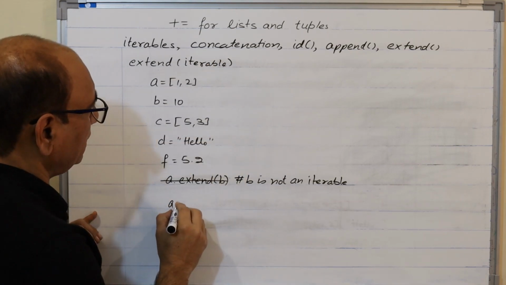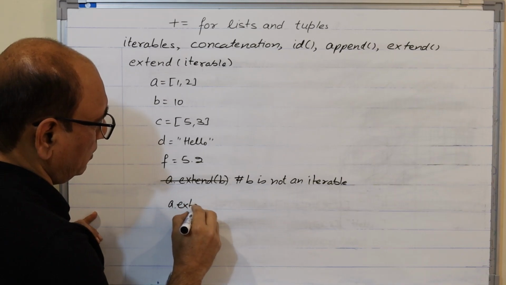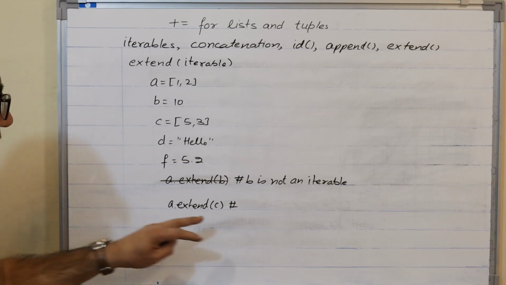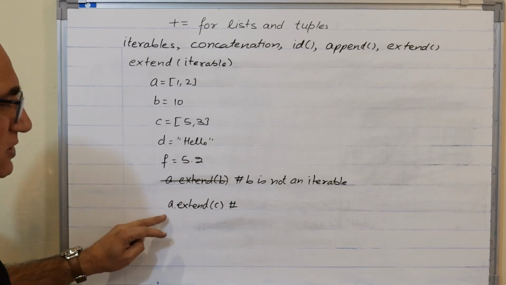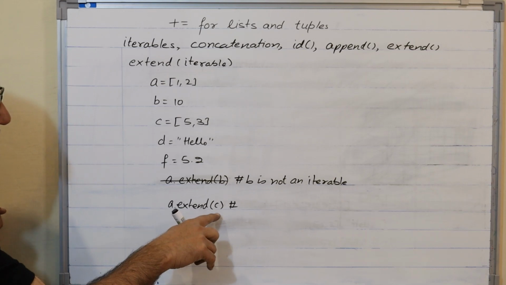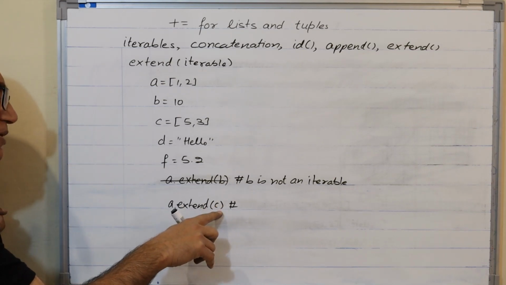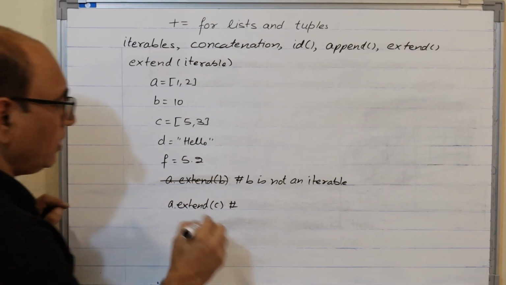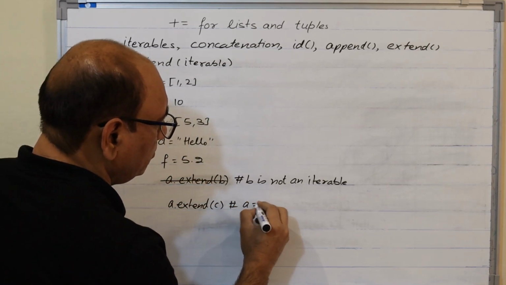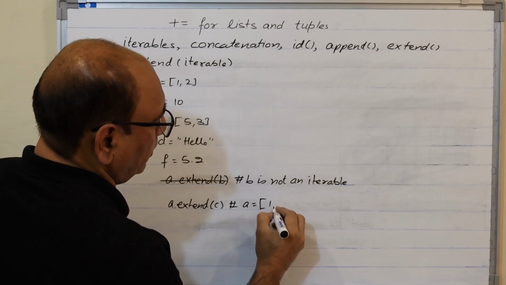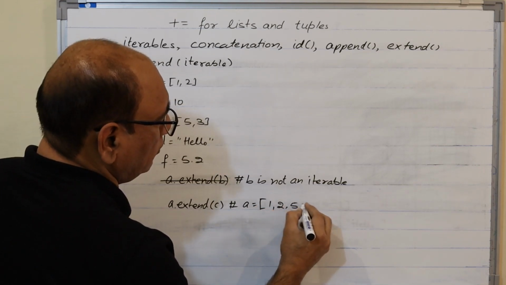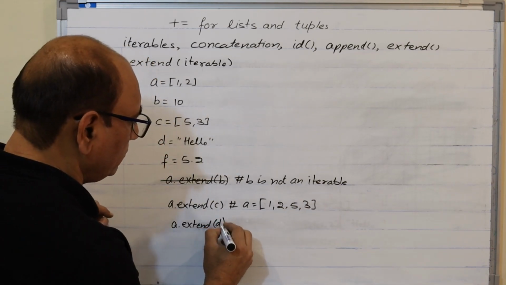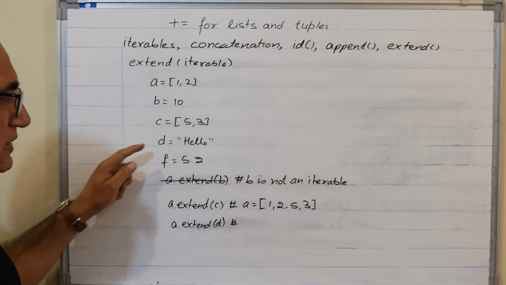If I say A dot extend C, it will append all the elements of C individually to the list A. It will not append C as a single object. It will take all the elements of C and individually all these elements will be appended to list A. So after this, A will become 1, 2, 5 and 3. If I say A dot extend D, D is a string which is an iterable.